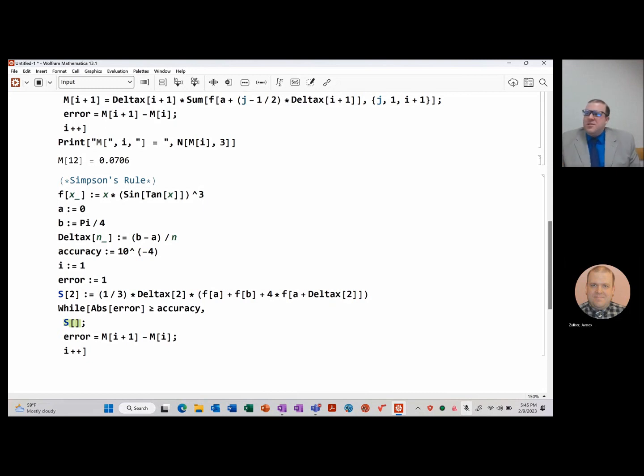This is where it's going to get a little tricky. Remember, N has to be even for Simpson's rule. I can't just do I plus 1. I plus 2. 1 plus 2 is 3. I said I plus 2. Right, I starts off at 1. I could go back and change I to start at 2.